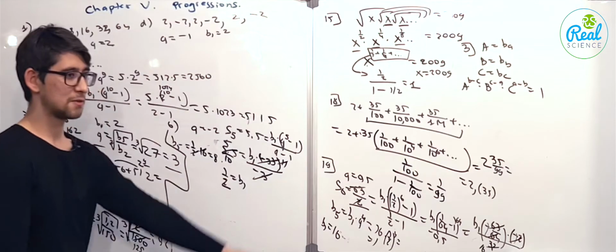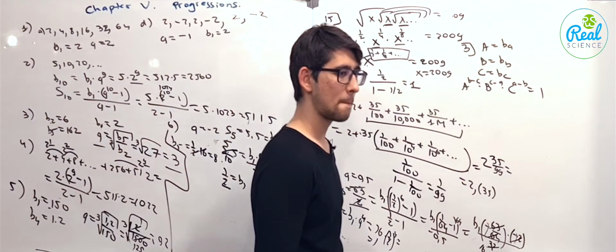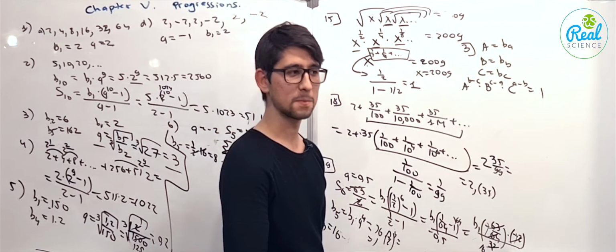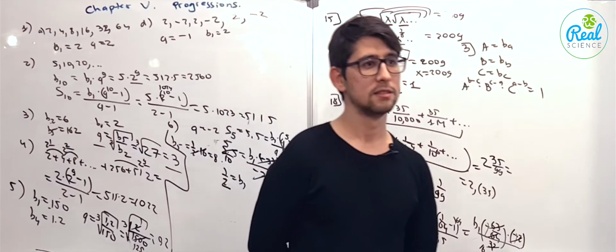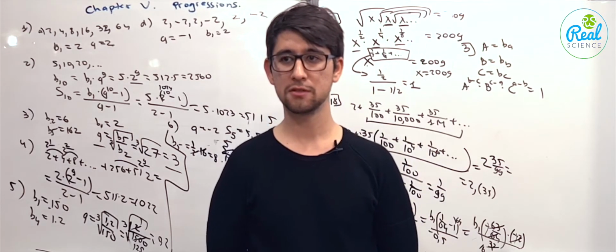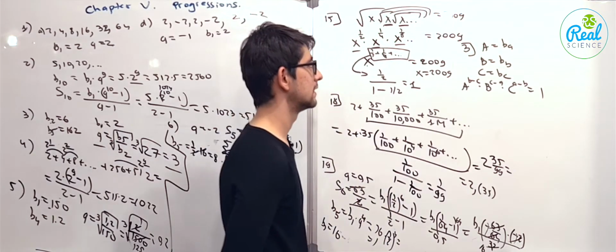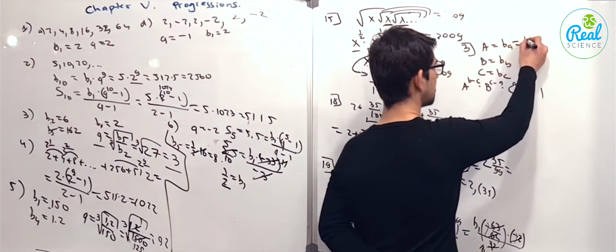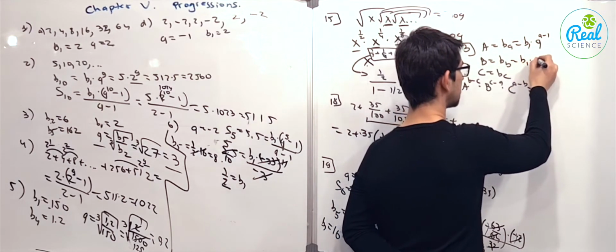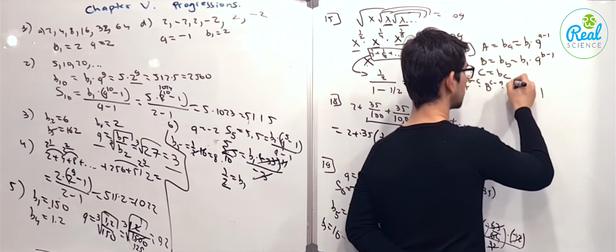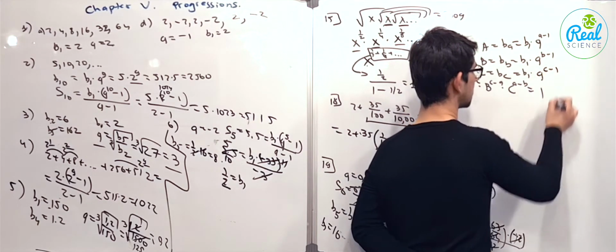Yes, Malika? Do you have any ideas? No ideas? Mumtaz? Is it a progression? A descending progression? No. Let's say b1 multiplied by q to the power of a minus 1, and b1 multiplied by q to the power of b minus 1, and b1 multiplied by q to the power of c minus 1.